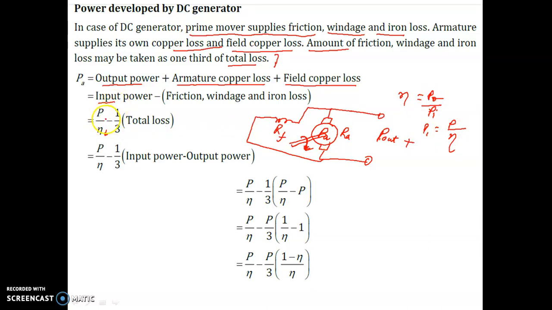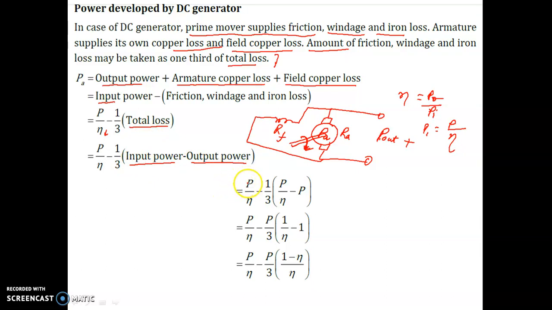So this is written here, with 1/3 assumed, minus total losses. So this is P by N minus 1/3 of the total losses, and total losses is input power minus output power.